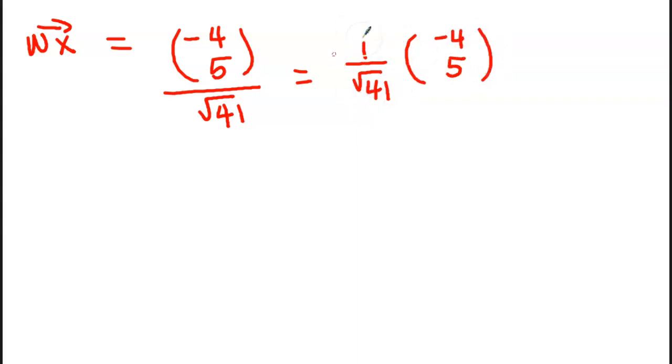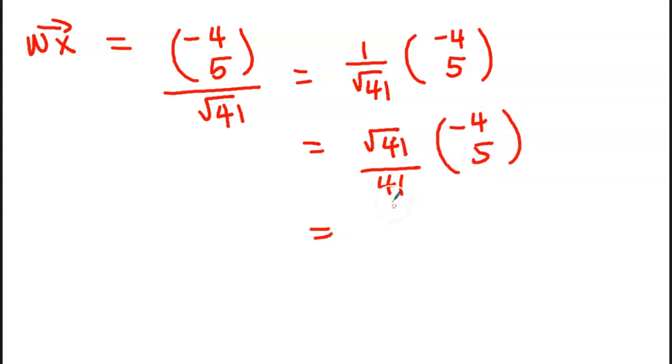And this is not in simplified form. We need to rationalize the denominator. So we have root 41 over 41 times minus 4, 5.